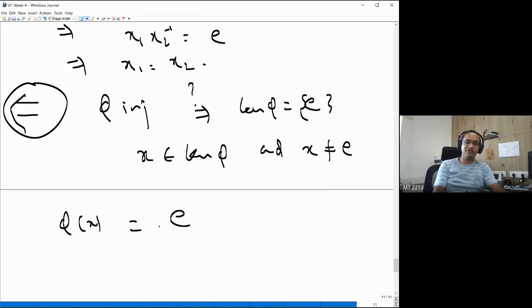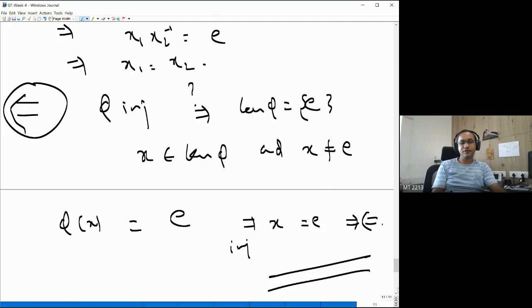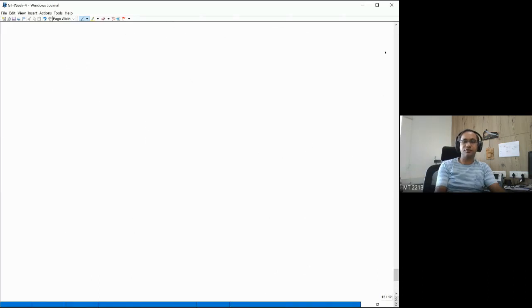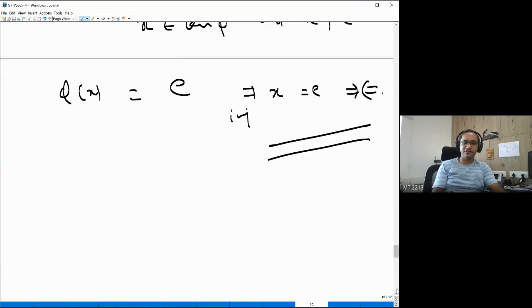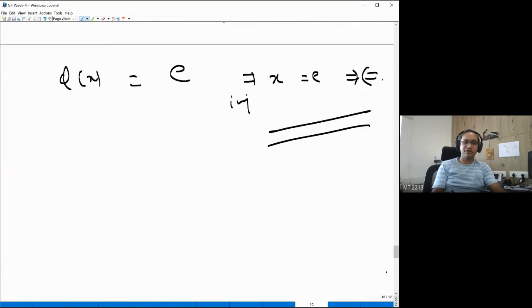And that contradicts injectivity. Injectivity will imply x is identity, and that is a contradiction. That was quite easy to prove, but it allows you to verify whether something is injective or not, and sometimes it's easier to verify this property.